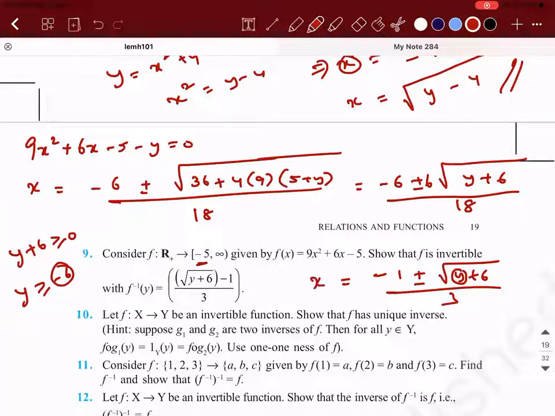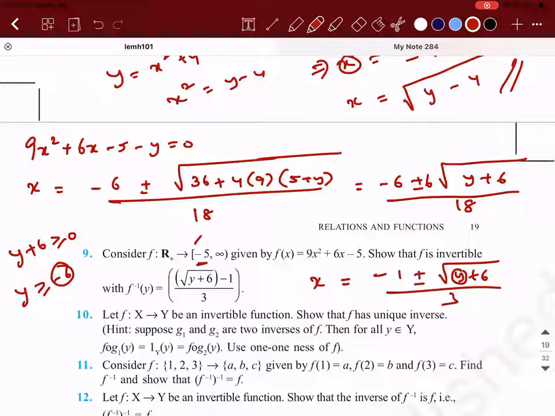This is x equal to minus 1 by 3, which is not a part of R plus. So for y which belongs to the codomain, the least value you can substitute is minus 5. That is why they restricted the codomain. It is a restriction so that the inverse exists.